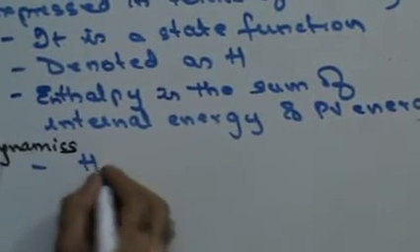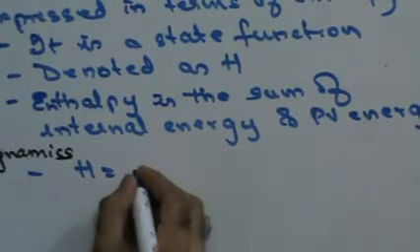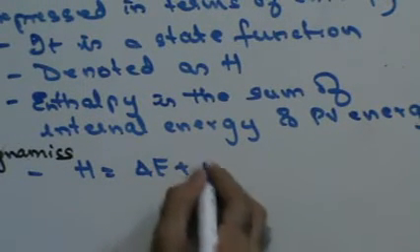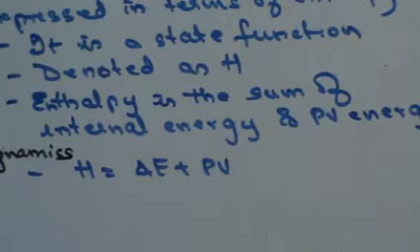Thus mathematically I can say H is equal to delta E plus PV. Enthalpy will be the internal energy plus PV.